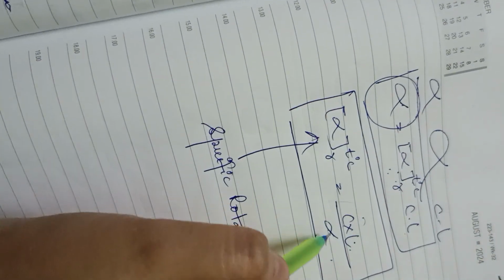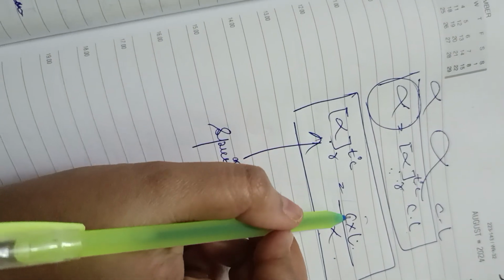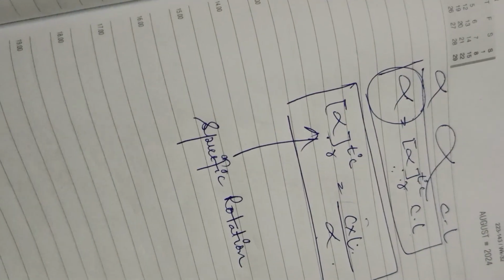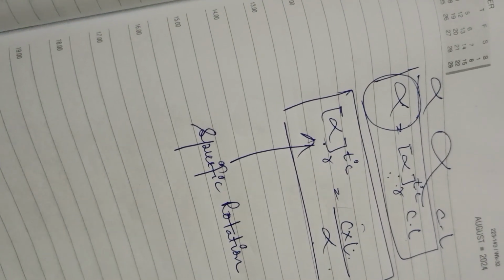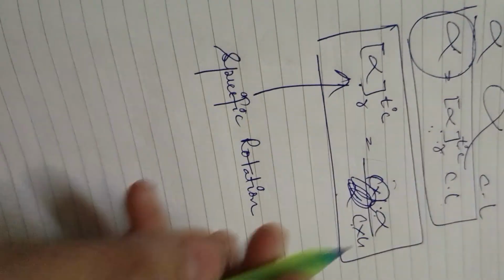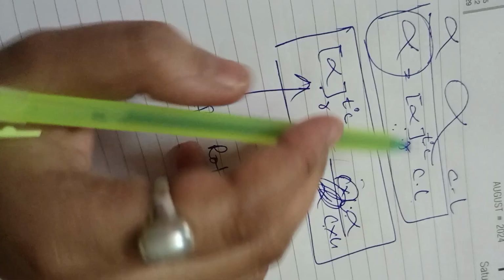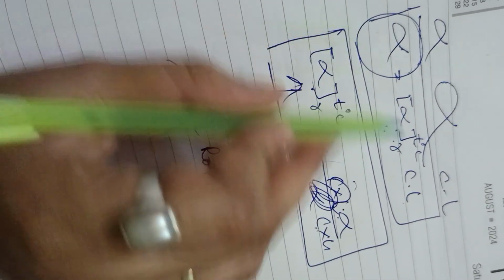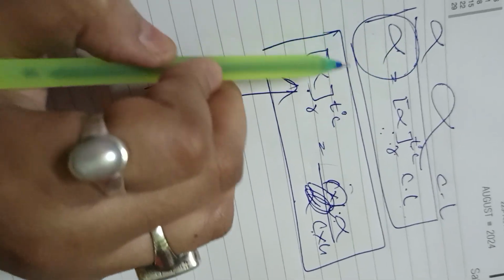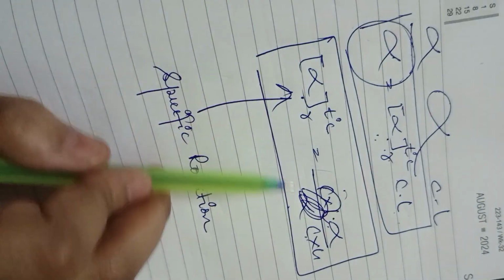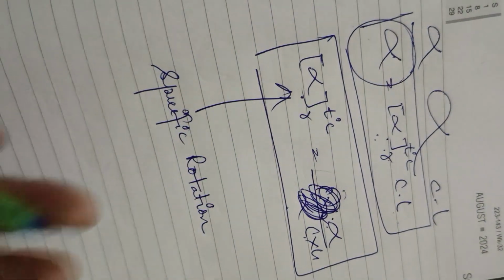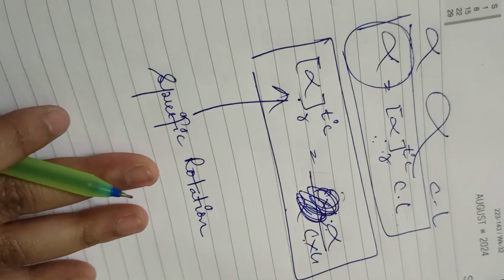And your optical rotation is the constant into C into L. I had written it the other way around. So alpha by C into L is your specific rotation, and if I ask what your optical rotation is, it is the constant into C into L.